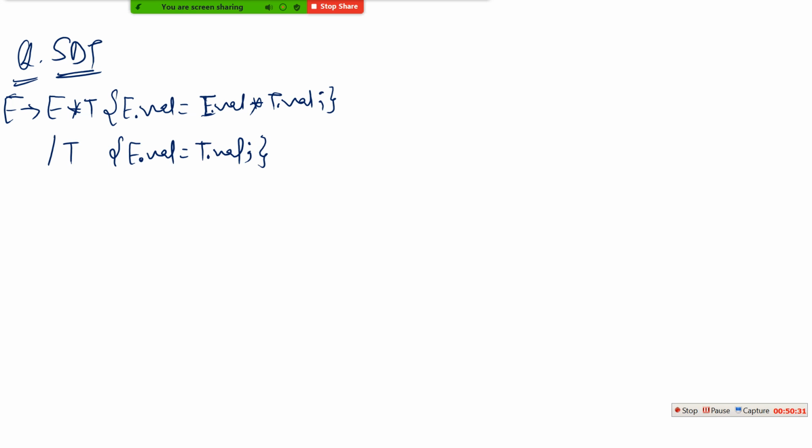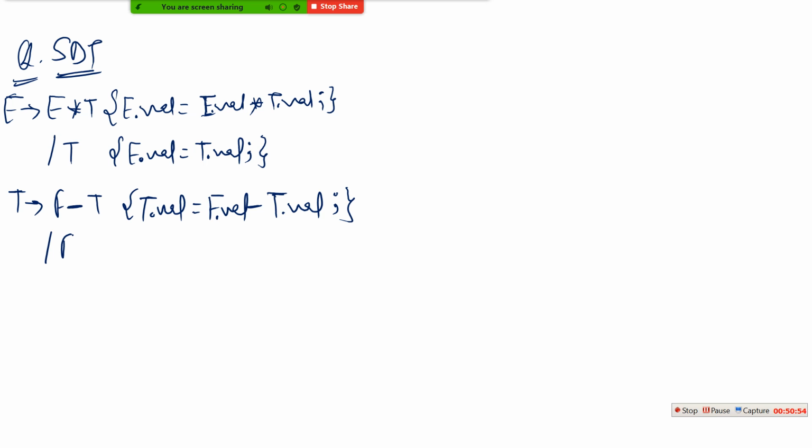Okay, and again we have T derives F subtraction T, and it has T value equals F value subtraction T value, and we have T derives F, and it will generate T value equals F value.